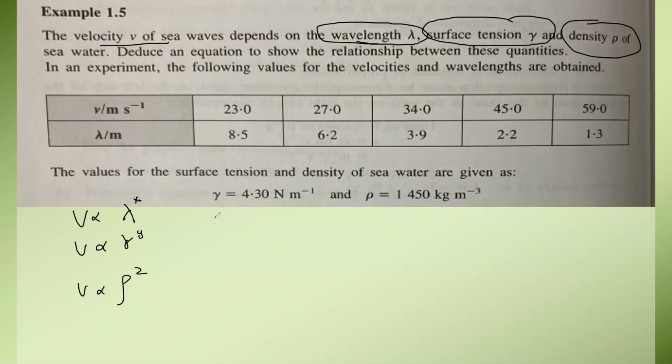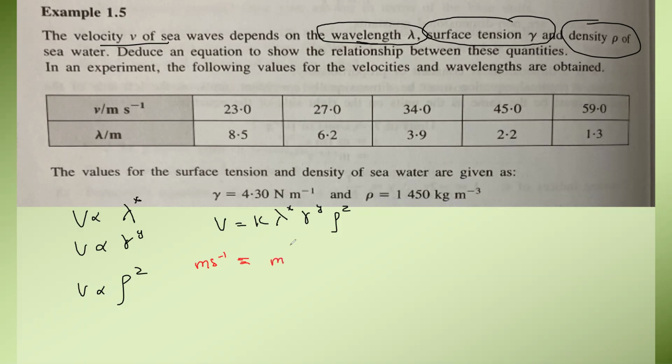So when we combine these, v will be equal to k times lambda raised to power x, gamma raised to power y, and rho raised to power z. Now we substitute the units. The unit of speed is meter per second, so this will be m s to the minus 1. k is a dimensionless constant, it does not have a unit.